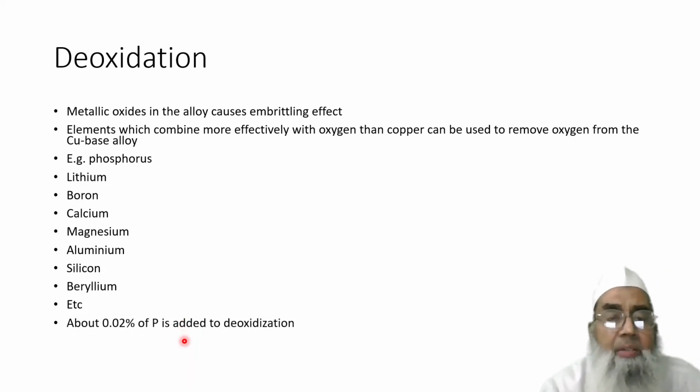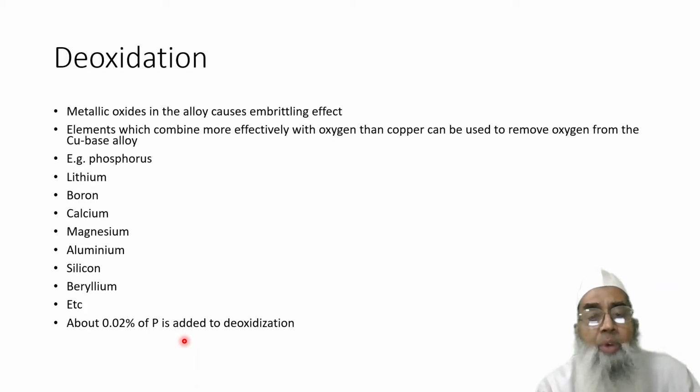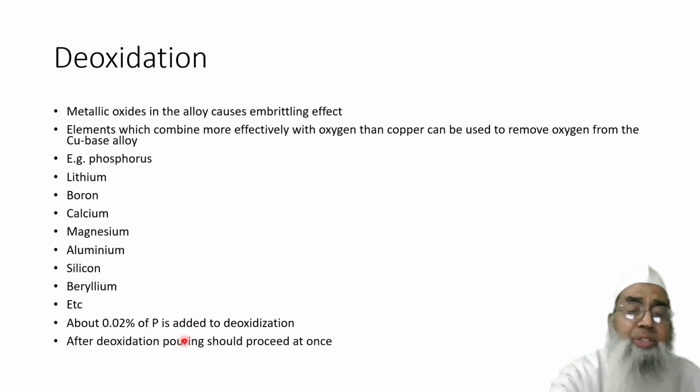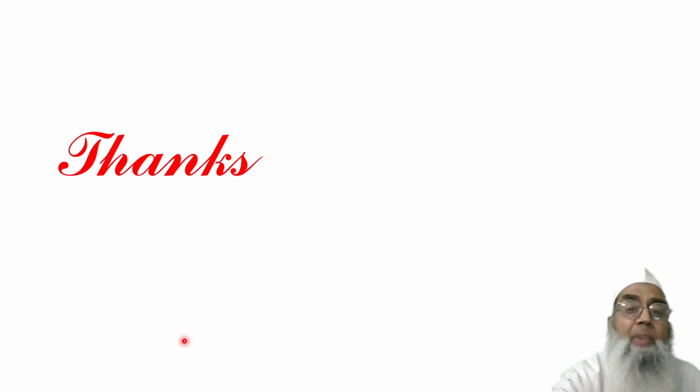However, about 0.02% of phosphorus is needed for this deoxidization. After this deoxidization, pouring should proceed at once, otherwise the copper alloy may react with the atmosphere and get oxidized. And this is all about it.